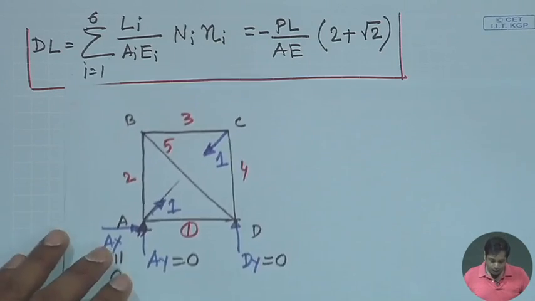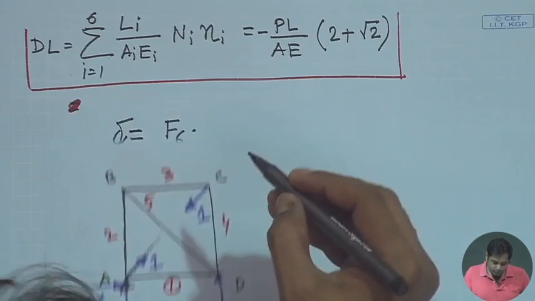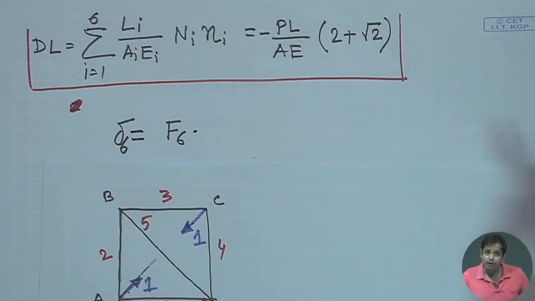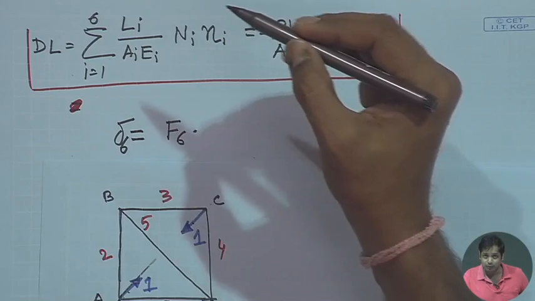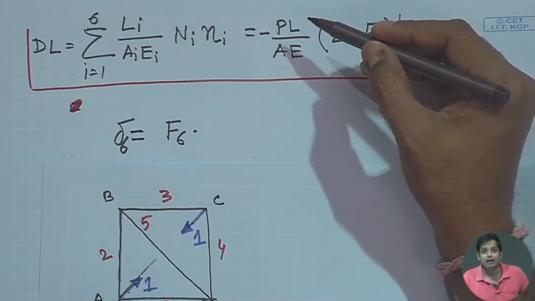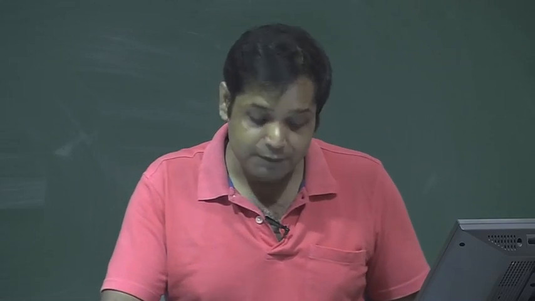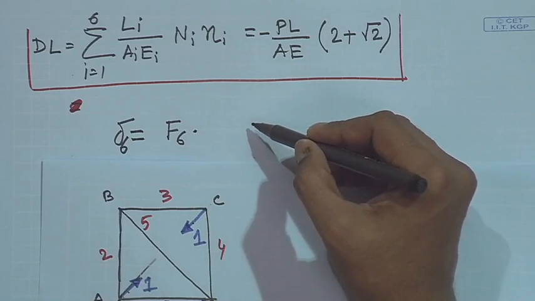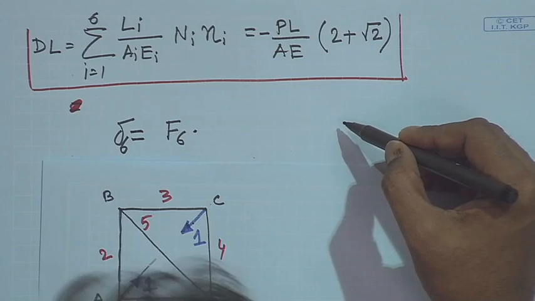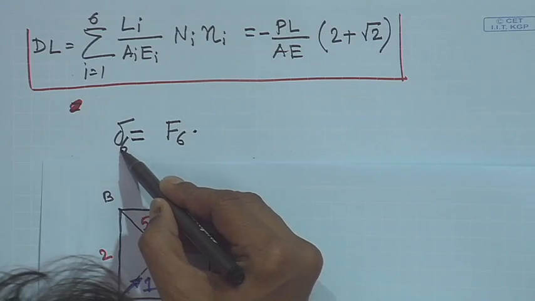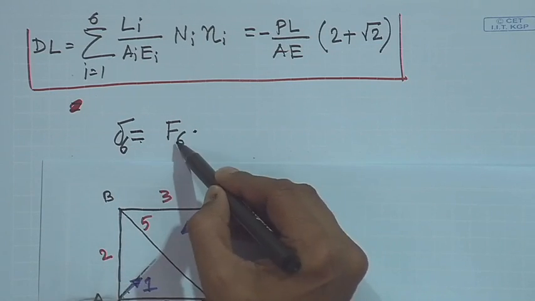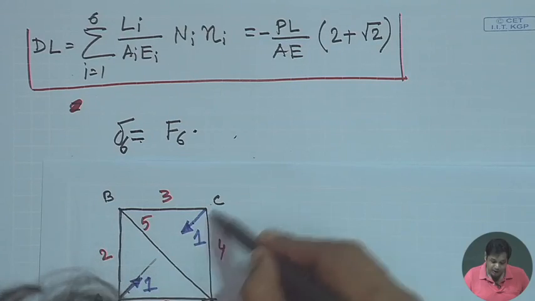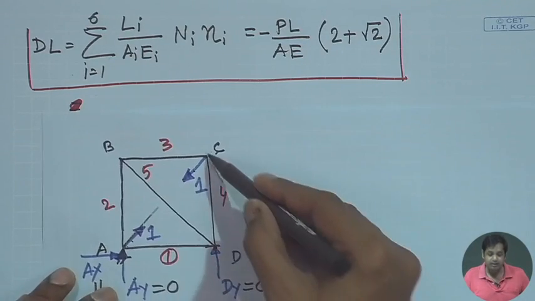Now, please recall the way we wrote the load deflection in flexibility format, that is, deflection is equal to force multiplied by flexibility. So here delta 6 is equal to F6 into the deformation in member AC due to this unit load.